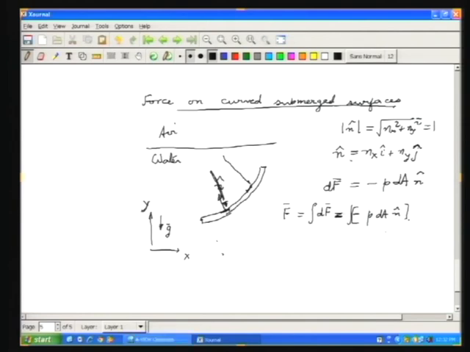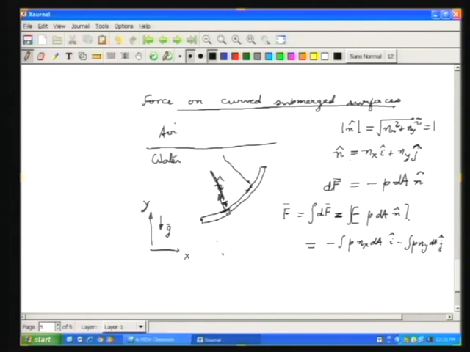Now, if I write n as n x i plus n y j, I can write this as minus integral of P n x dA i minus integral of P n y dA j.